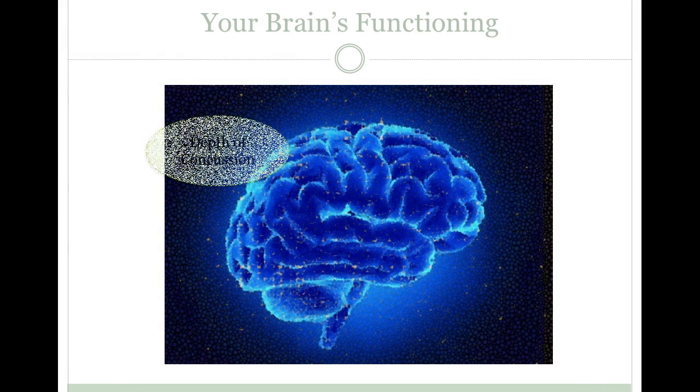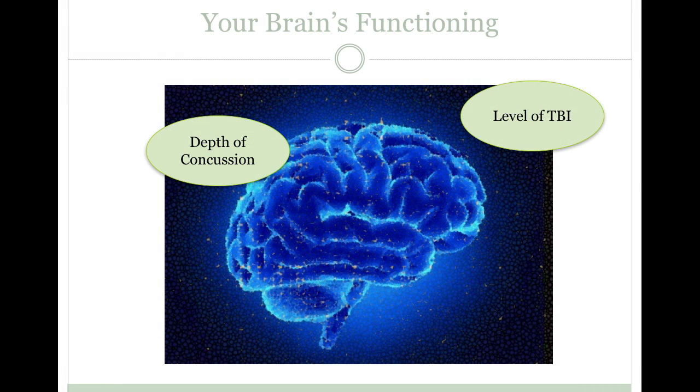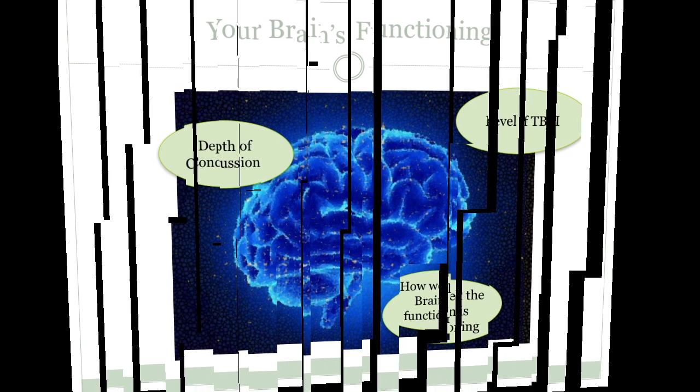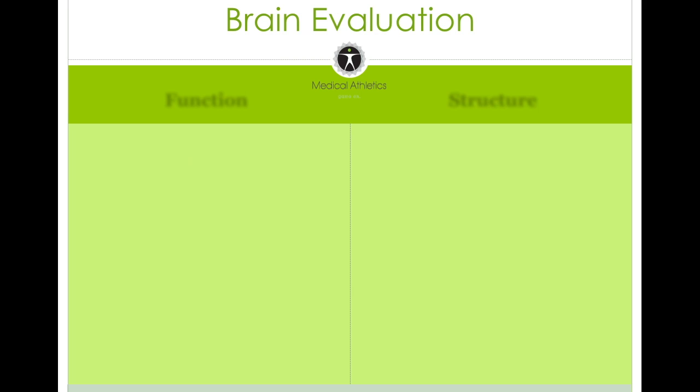So we look at function and not just structure. And this is the data that allows our doctors to understand your brain. Data that lets us know if your body and brain are working well together in situations like a game or at a party, when you're with your friends, or even when you're taking a test at school.